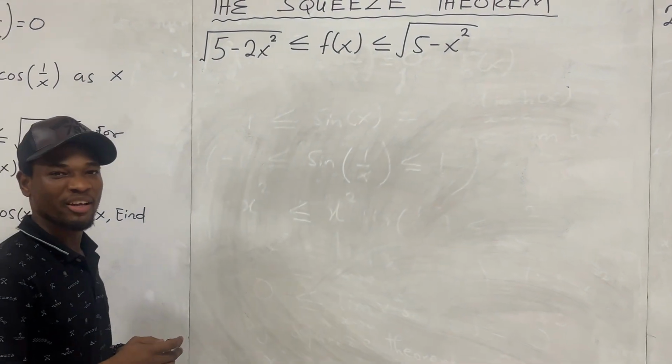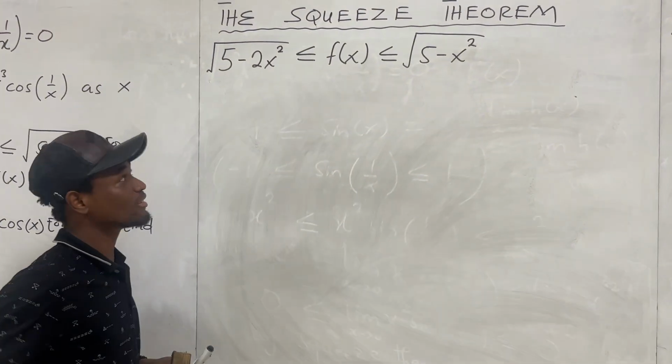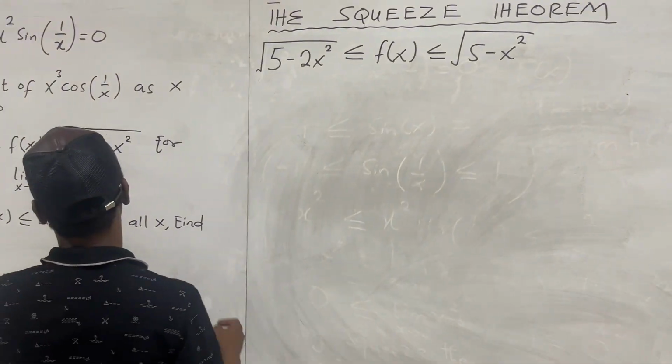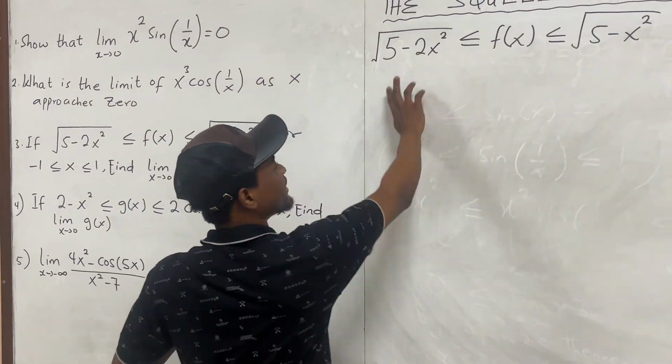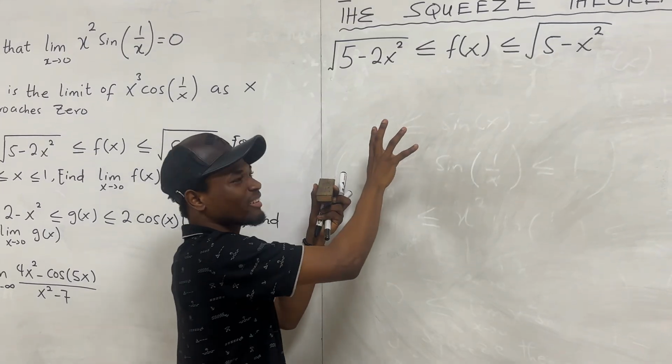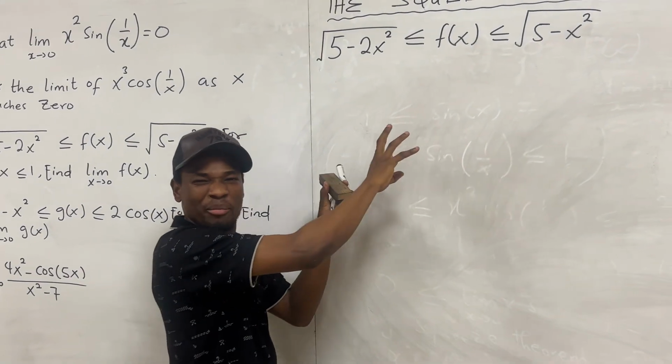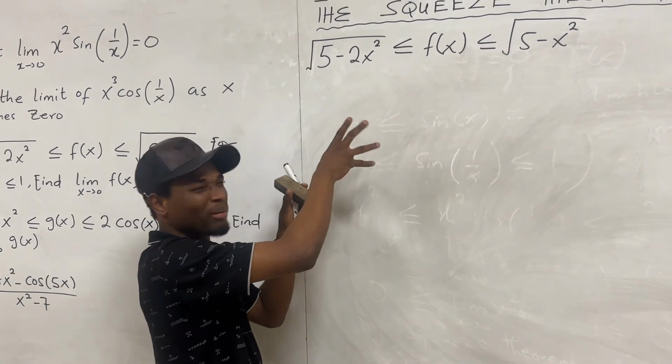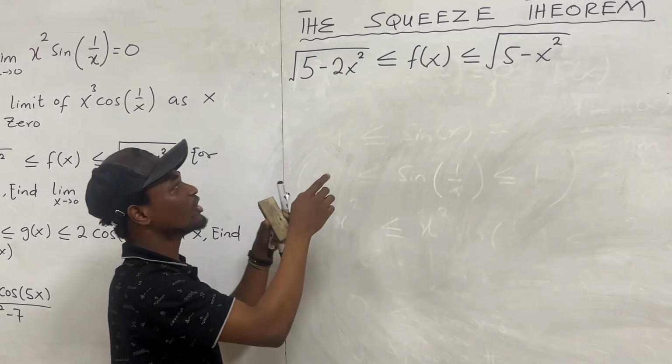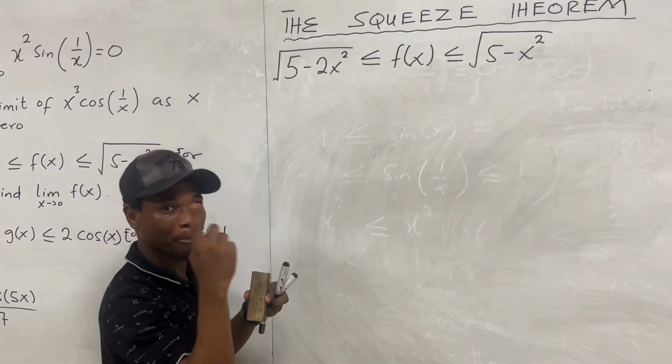So what can we do here? Take limits. You realize that this is a squeeze theorem application. You can apply the squeeze theorem here directly. So let's take limits and see what happens.